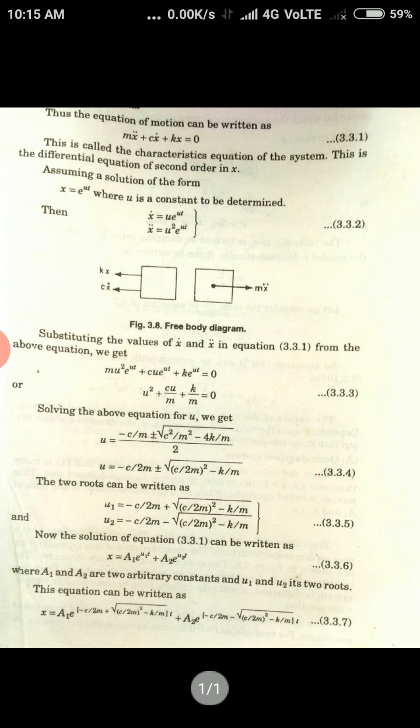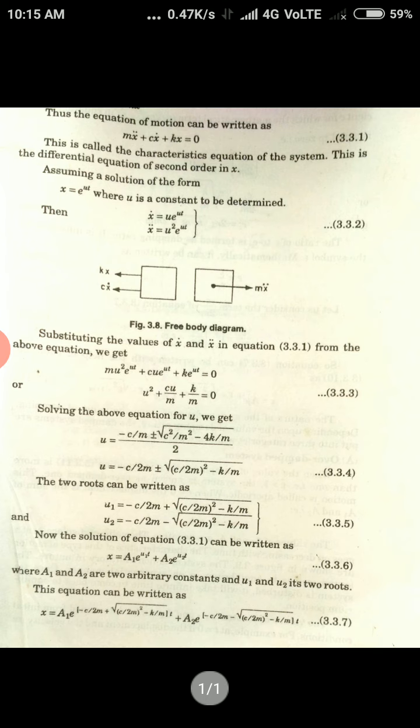So e raised to ut is common, and you eliminate that. What is left here? m u square plus c u plus k equal to 0. Divide through by m: u square plus c by m u plus k by m equal to 0. That is equation 3.3.3.